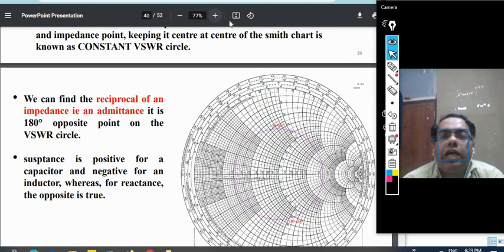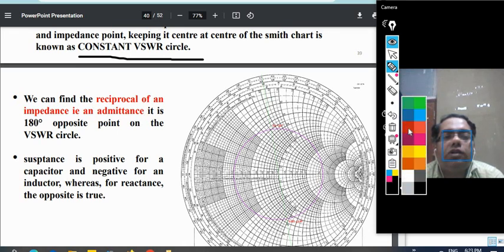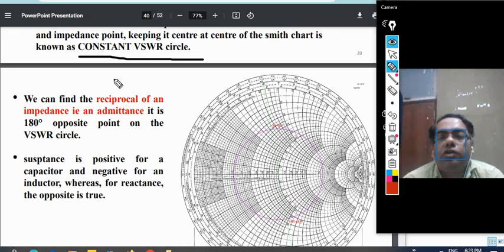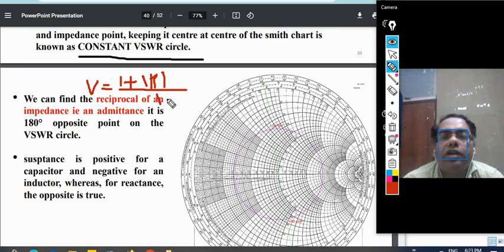Now the next thing you have to know is, what do we mean by a constant VSWR circle? VSWR is 1 plus mod gamma divided by 1 minus mod gamma. Now mod gamma is the magnitude of the reflection coefficient.